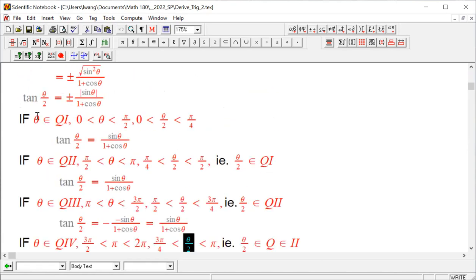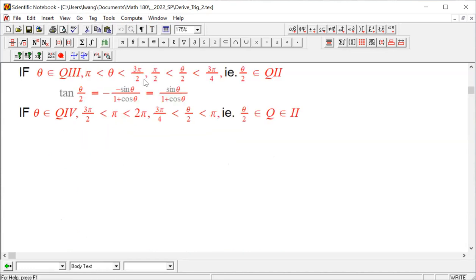So tangent in this case, because half theta is in the second quadrant, tangent in the second quadrant is negative. But theta is in the fourth quadrant, so sine theta is negative. Therefore, the absolute value of sine theta is negative sine theta.